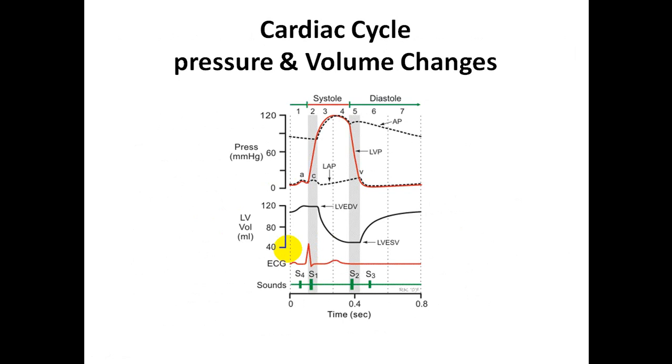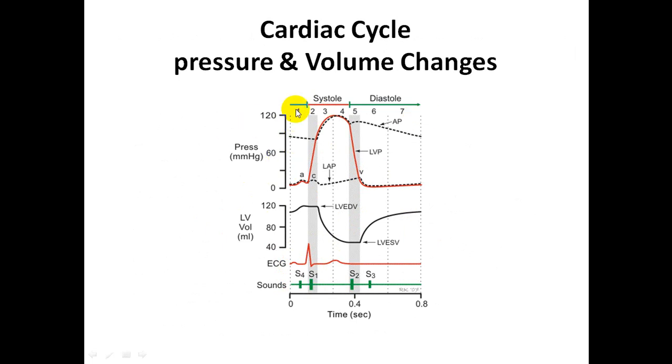This is the graph of the cardiac cycle, where we study the pressure and volume in a graphic. This graph is very important. We return to it at every part of the study of the cardiac cycle. For the time being, it is the ECG we study. So this is systole, and this is diastole. There are 7 phases.